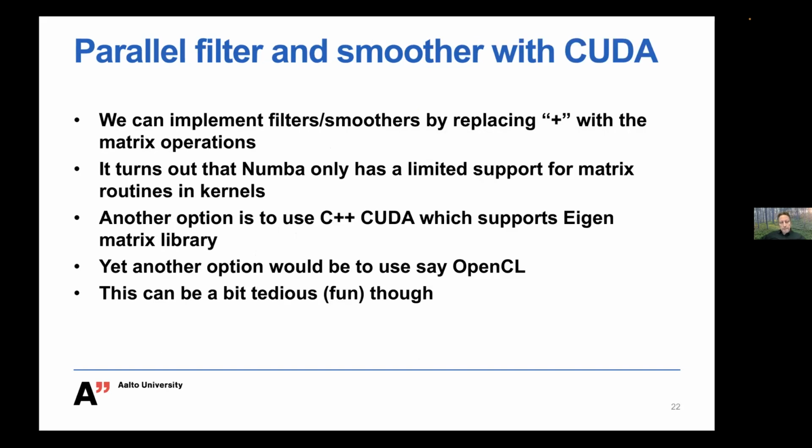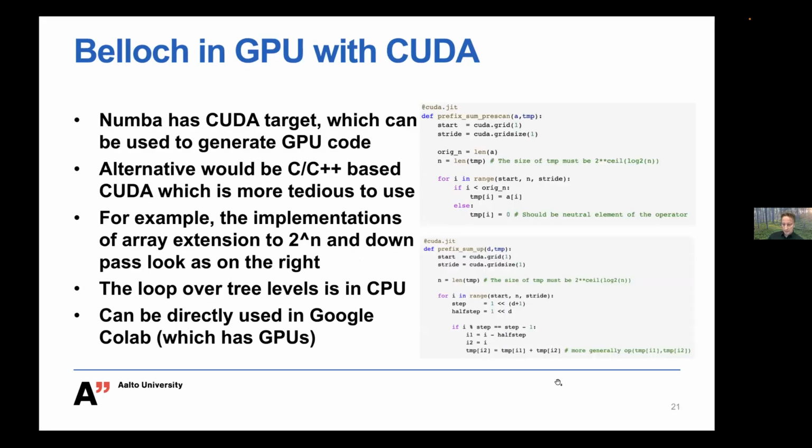And how to implement these filters and smoothers in CUDA. You could just replace this summation operator, which is appearing here, with that operator that we have, and then these elements would be the tuples of the matrices or some other representations of the densities.